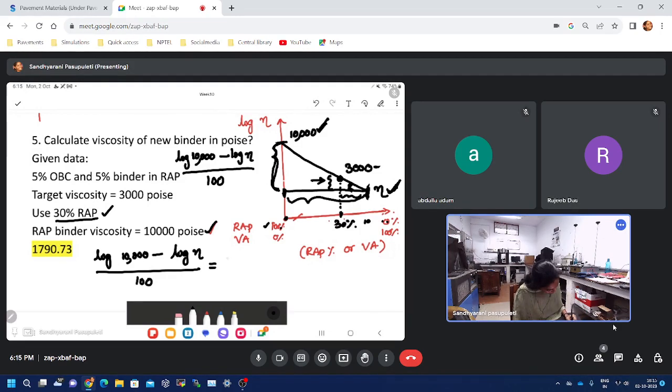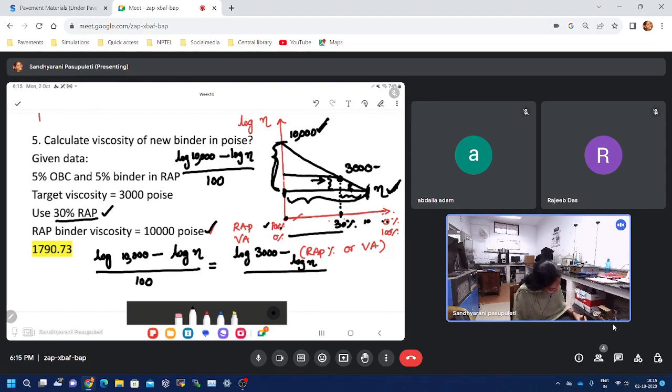That is log of 3,000 minus log of eta, divided by x2 minus x1.